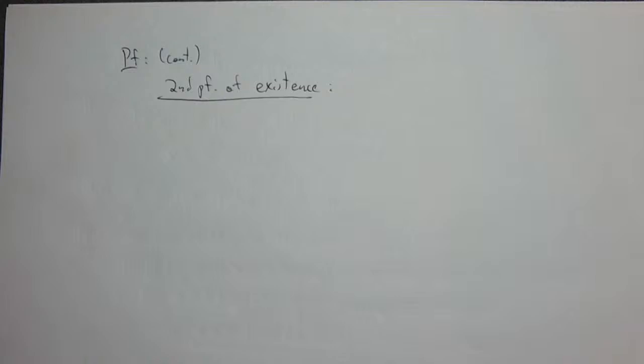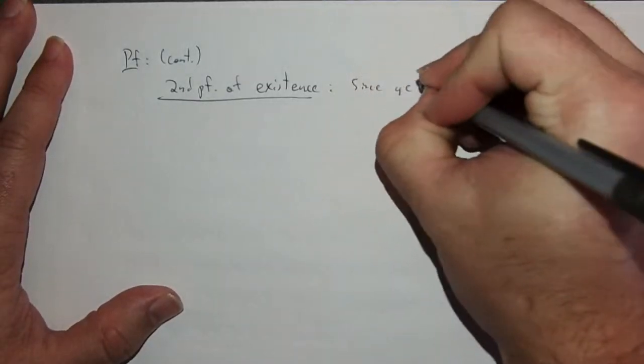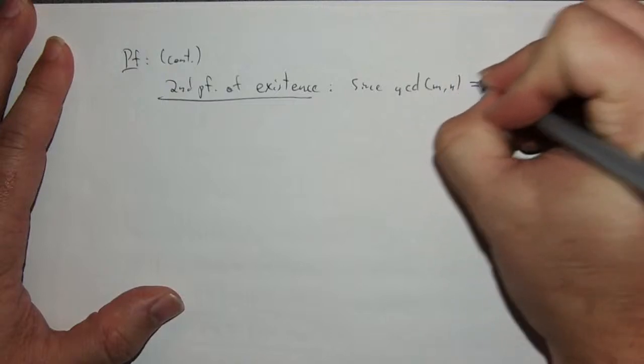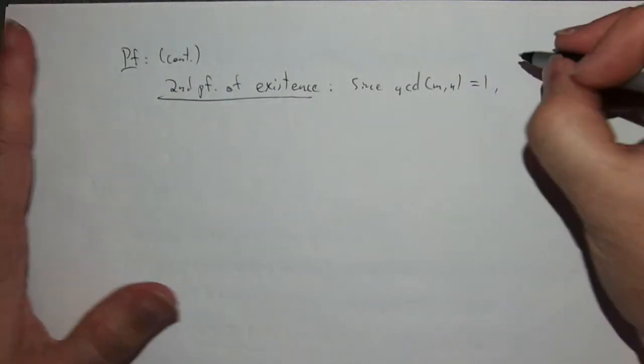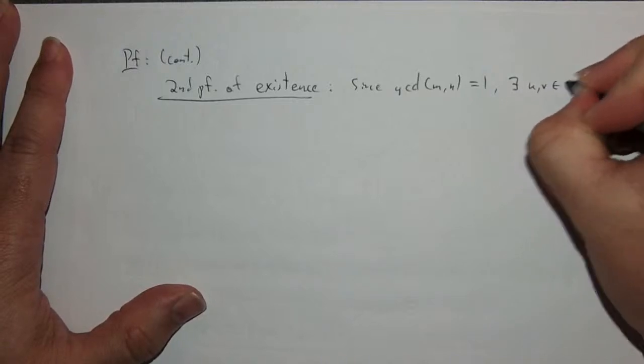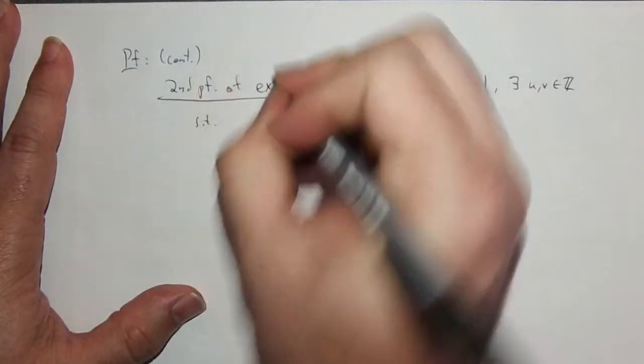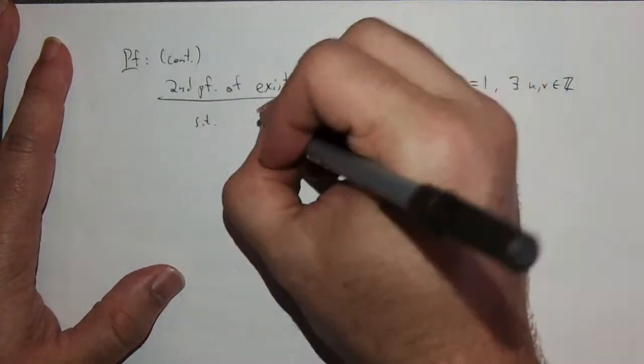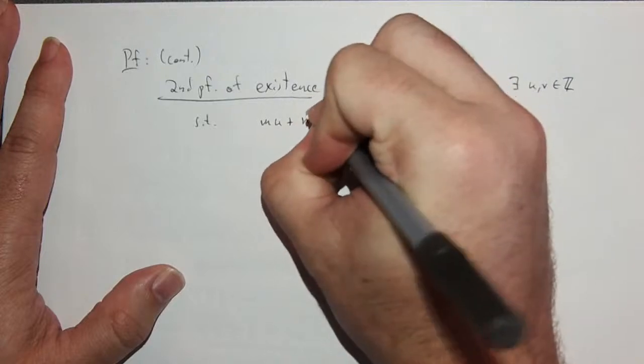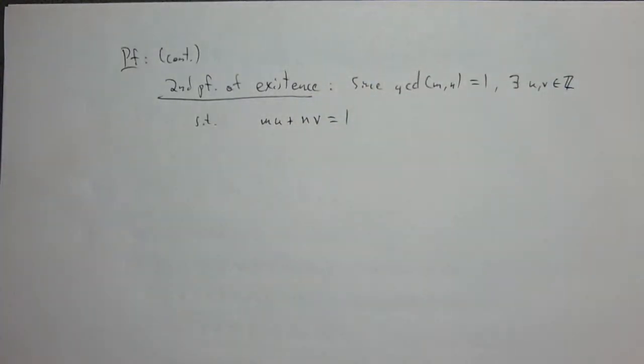Since the GCD of M and N is equal to 1, there exist integers U and V such that, you know where I'm going with this, MU plus NV is equal to 1. The most powerful thing about the GCD, the thing we got from the extended Euclidean algorithm, is that the GCD of two numbers can be written as a linear combination of the two numbers. So there exist integers U and V such that MU plus NV is equal to 1.